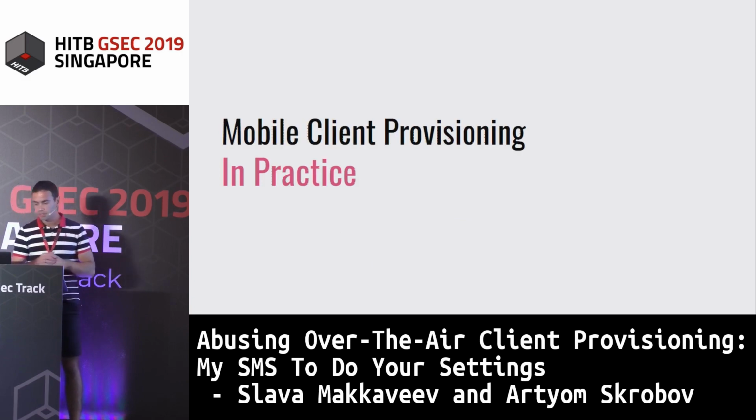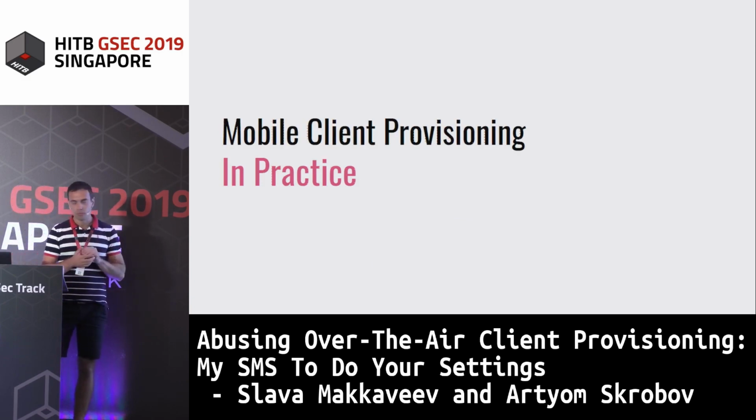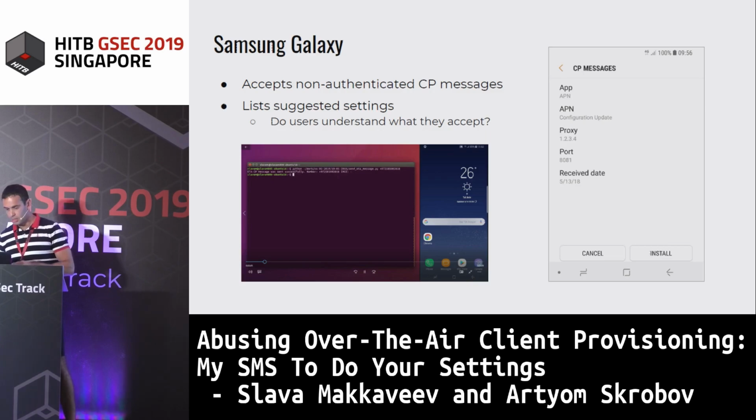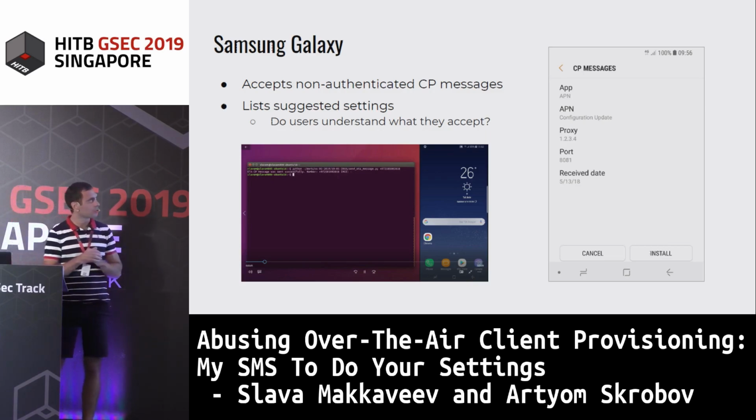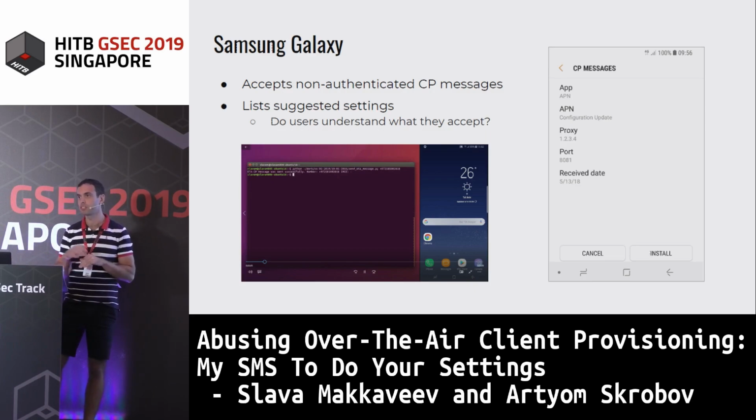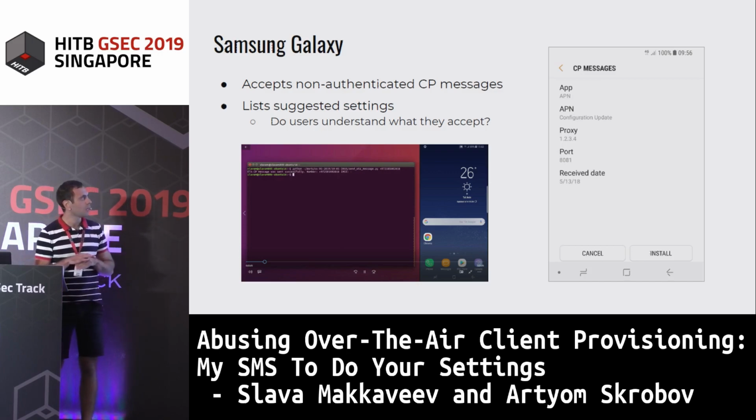So now it's time to show some of this in practice. As was mentioned, Samsung fell for the specification which says that authentication is optional, and Samsung Galaxy smartphones allow any client provisioning message without any authentication.